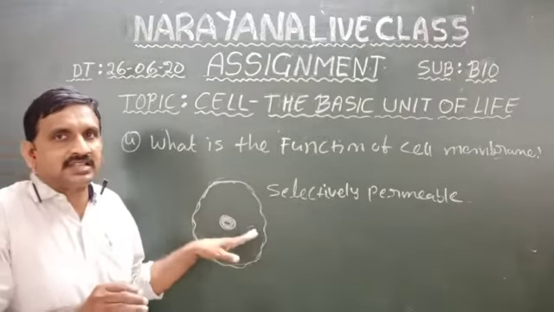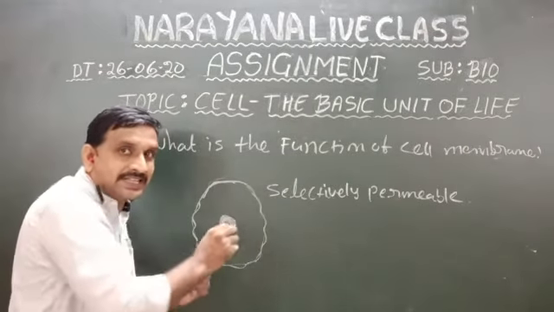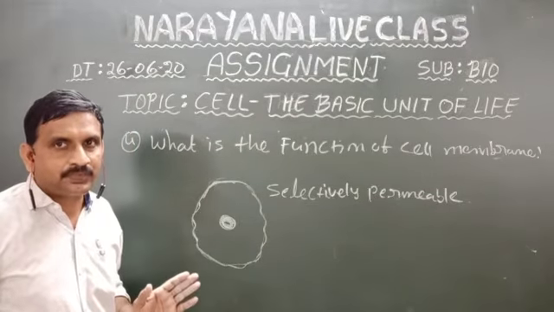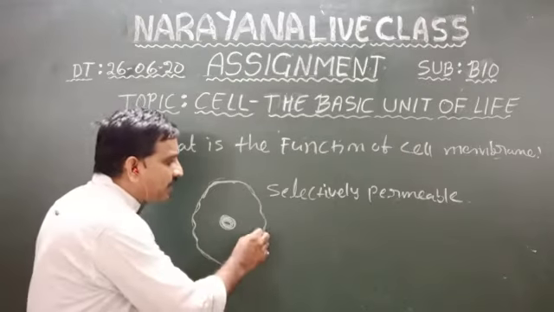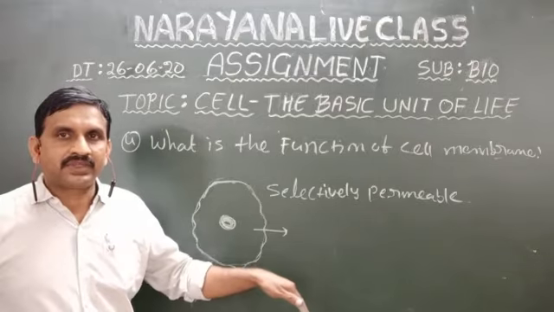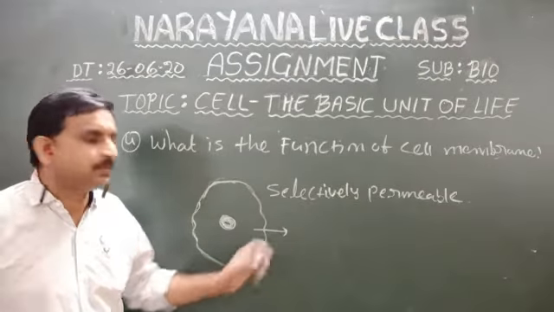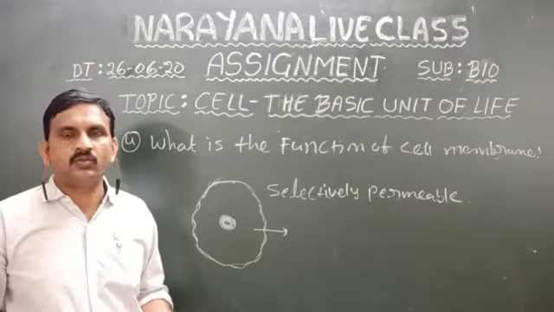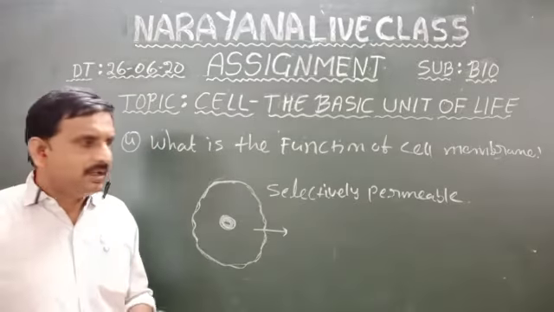Those particles or substances only are allowed into the cell, and unwanted materials are expelled from the cell also. These two processes take place across the cell membrane, into the cell or out of the cell, whatever it is. This is the main function of the cell membrane.